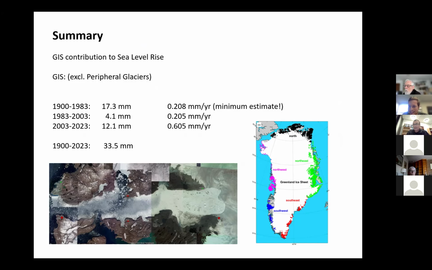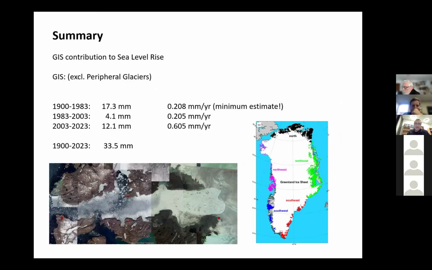Any other questions? Hi, this is Felix. Sorry, I don't know how to raise my hand. Can you hear me? Yes. Quick question. I dialed in late, so I apologize if you explained this earlier. What role does uncertainty in your knowledge of the bedrock topography play? Is knowledge of the bedrock topography underneath the ice important for your analysis at all?